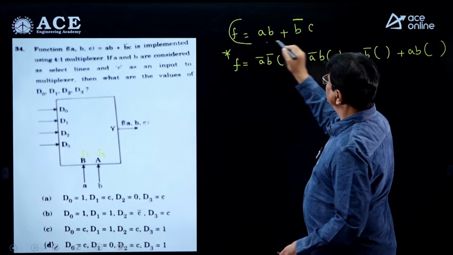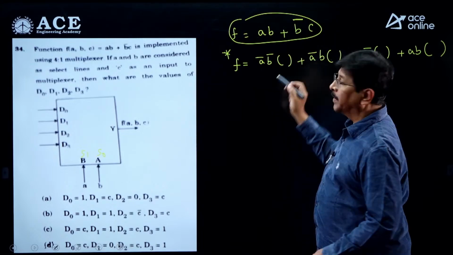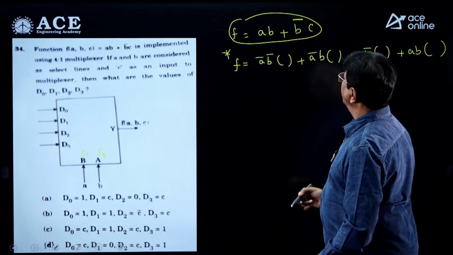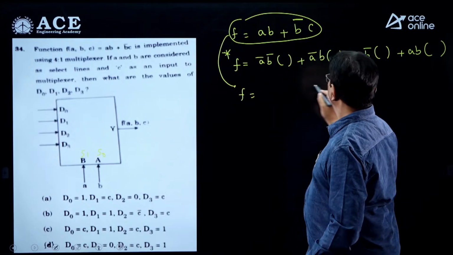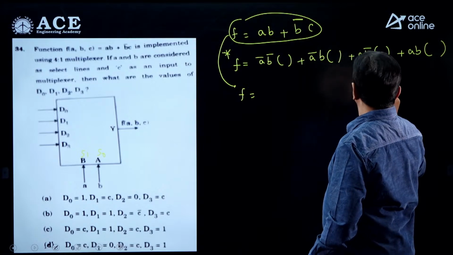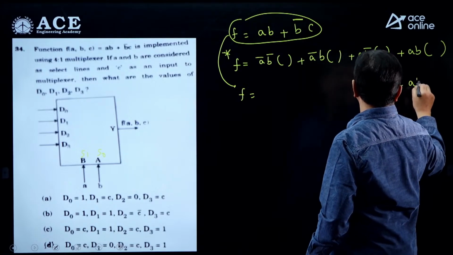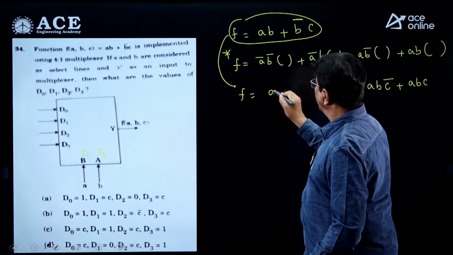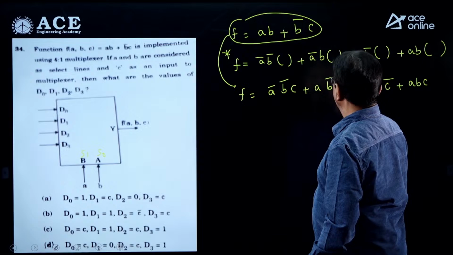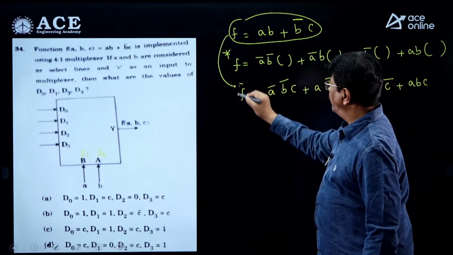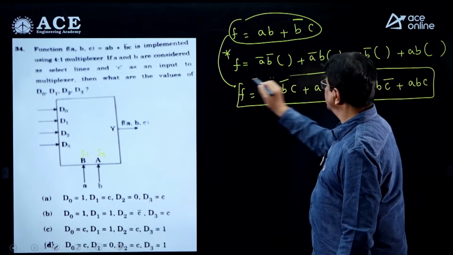So convert this equation into this form, then you will come to know what the inputs are. For example, this equation I will convert like this, F equal to, last one I am going to write ABC bar plus ABC, and this one A bar B bar C plus A B bar C. So take them from this one, substitute the inputs into this.